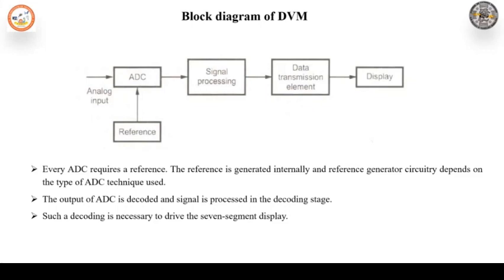Such a decoding is necessary to drive the 7-segment display. The data from decoder is then transmitted to the display. The data transmission element may be latches, counters, etc., as per the requirement. A digital display shows the necessary digital result of the measurement.